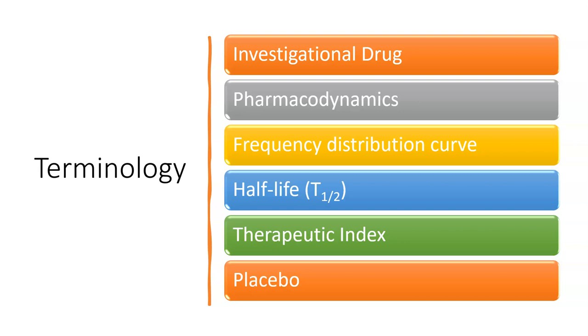An investigational drug is just that. The FDA has approved for them to do scientific studies, and there are several stages to the clinical trials that are part of that investigational drug. There's an area in a hospital or a clinic that is responsible for coordinating the use of an investigational drug.